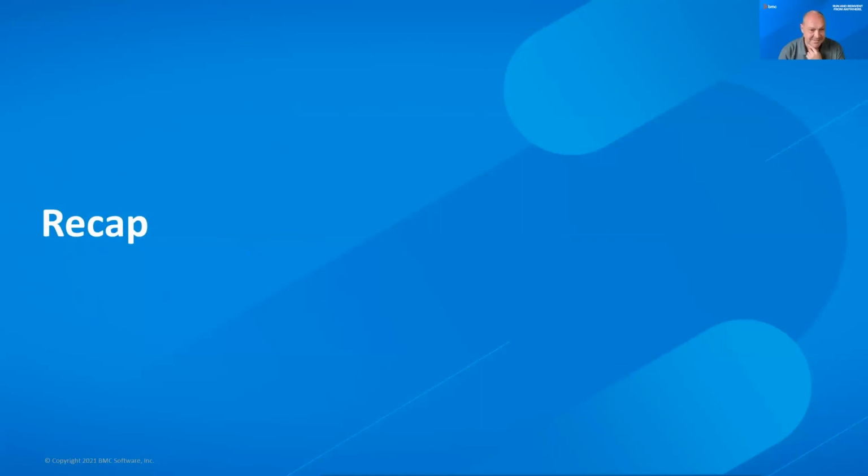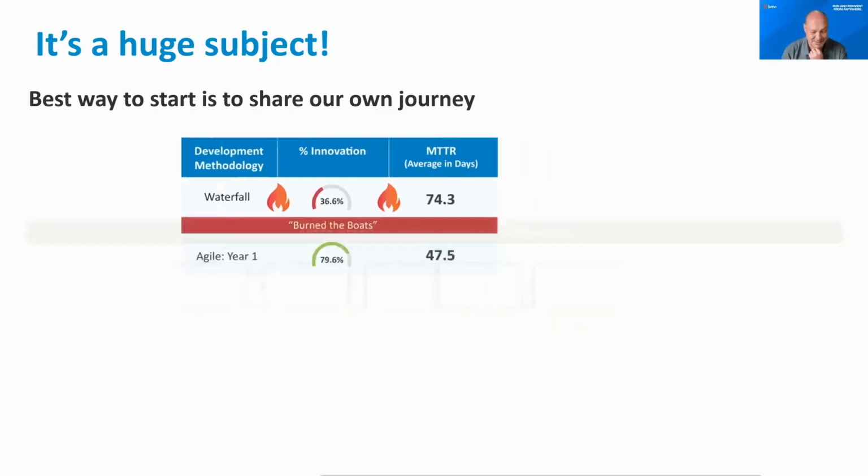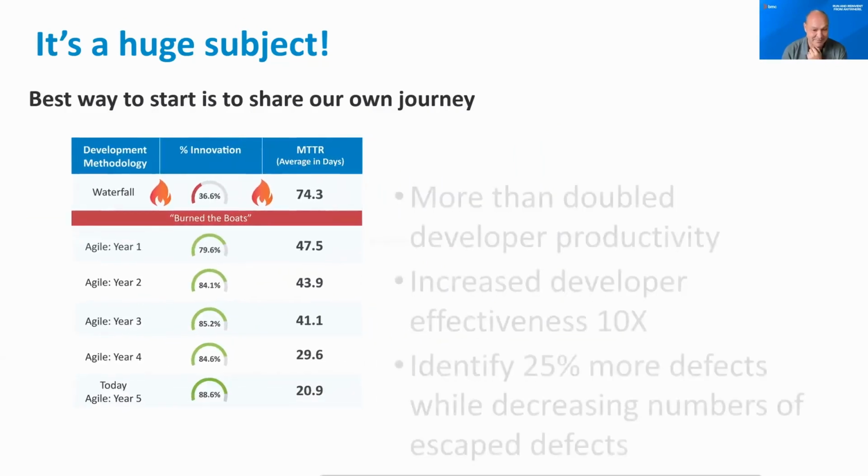Okay. So remember where we came from? With mean time to repair 74 days and less than 40% innovation. That was the CompuWare development teams, wasn't it? Yeah, I remember those times. Okay, so where did we go after 5 years?